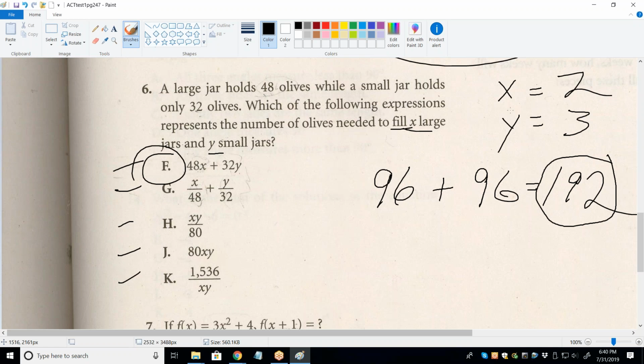I immediately knew that that has to be the large jars, that has to be the small jars. Your brain figures it out. Okay? And so you know that if x equals 2 and y equals 3, the answer is 192. Well, you just start plugging in x equals 2, y equals 3 to every answer until you get 192.